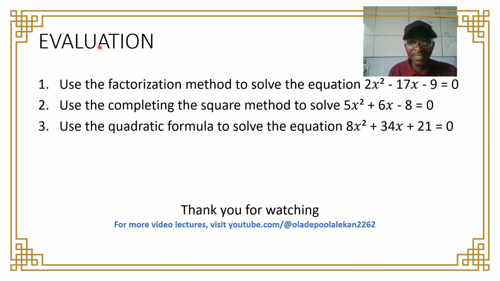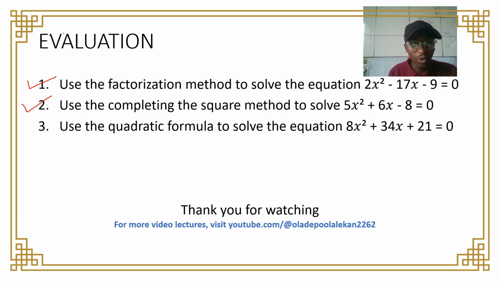All right, learners, to assess what you have been learning so far, we have some questions as evaluation. Question 1, use the factorization method to solve the equation 2x squared minus 17x minus 9 equals 0.